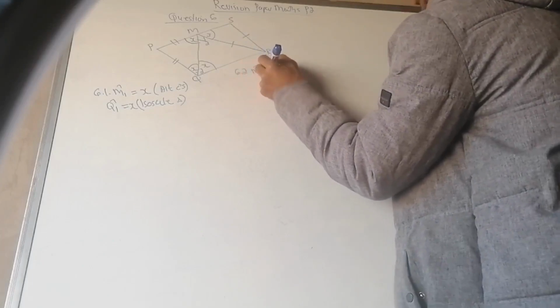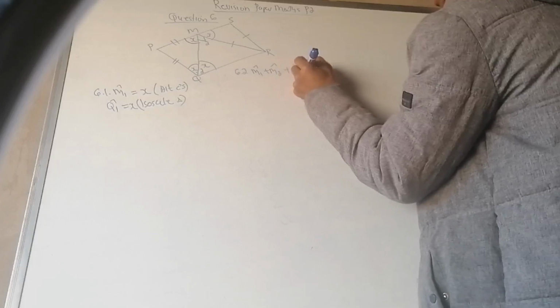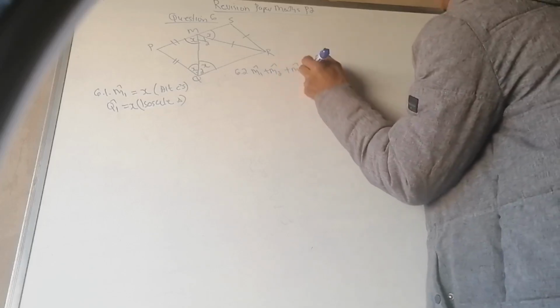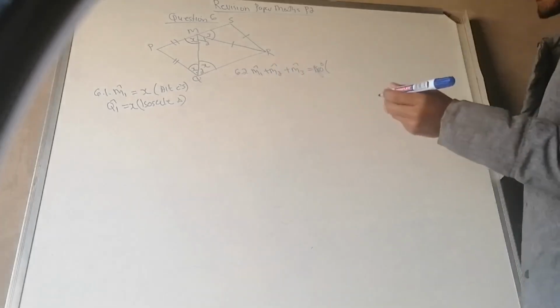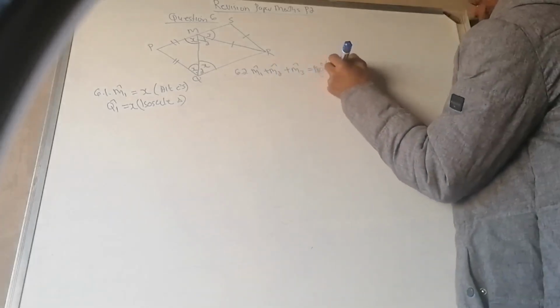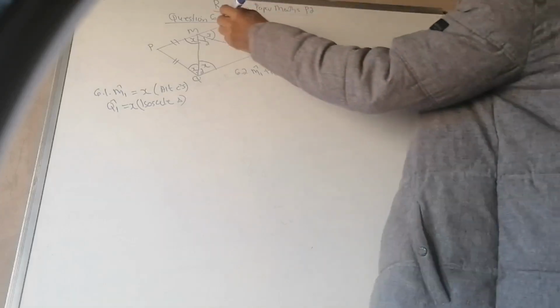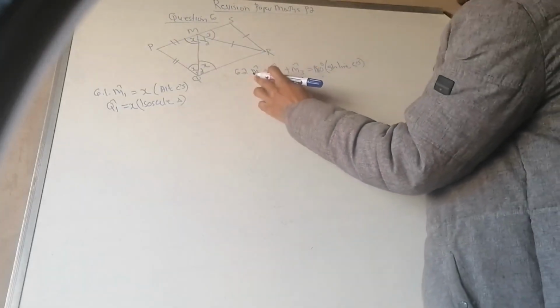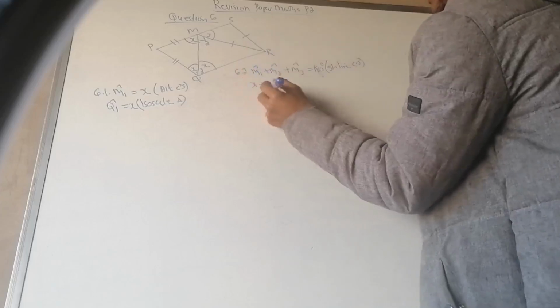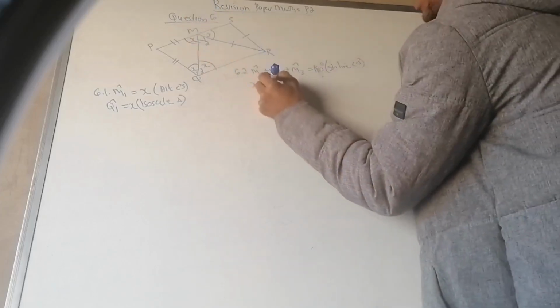M1 plus M2 plus M3 equals 180 degrees. Reason: straight line angles. Now M1 is X. Now M2 is 90.